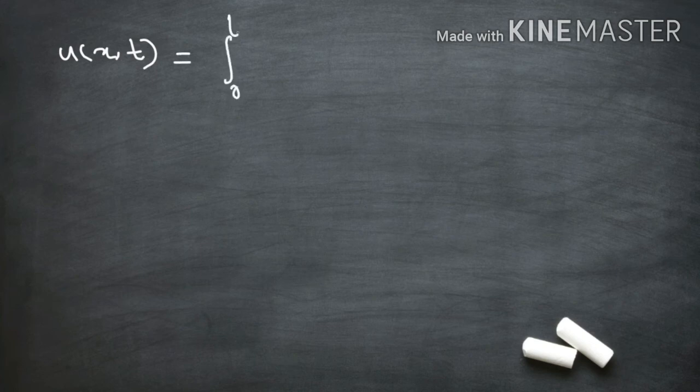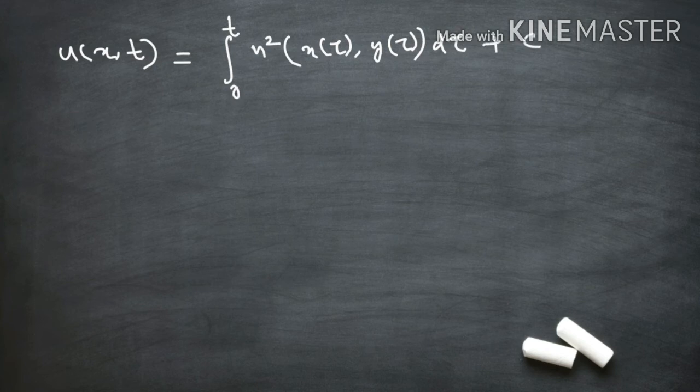So integrating this equation, we get u of x of t, y of t is equal to the integral from 0 to t of n square of x of tau, y of tau d tau, plus some integrating constant c.